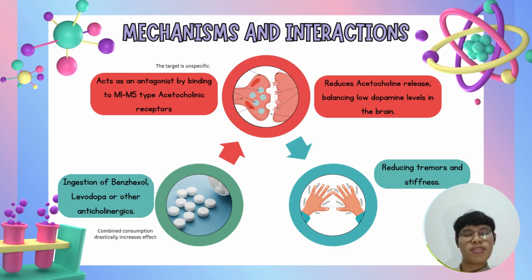Since it targets all the receptors of the acetylcholinergic receptors in the brain, it will undoubtedly affect areas that are not of its intended purpose. When consumed with a large amount or a large variety of anticholinergic drugs, it can cause serious side effects such as arrhythmic beating of heart muscles and other symptoms that could endanger a person's life.